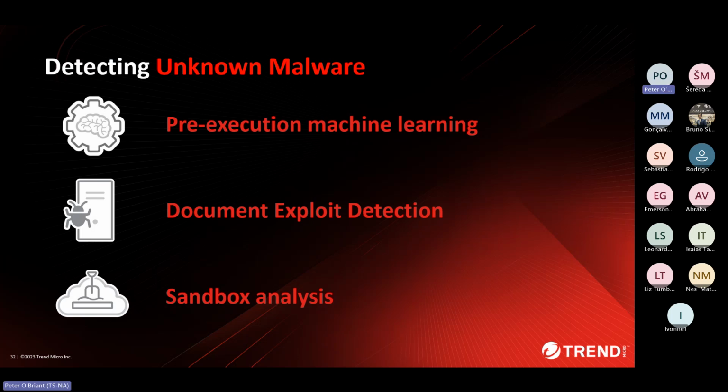We also have document exploit detection. So this technology is going to scan for files that are both known and potential exploits that help us identify even new zero-day attacks. And then the sandbox analysis, that's going to use multiple OSs to analyze suspicious files for malicious behavior.